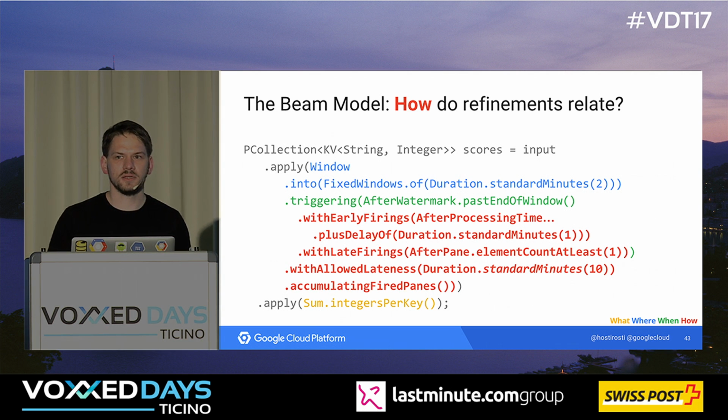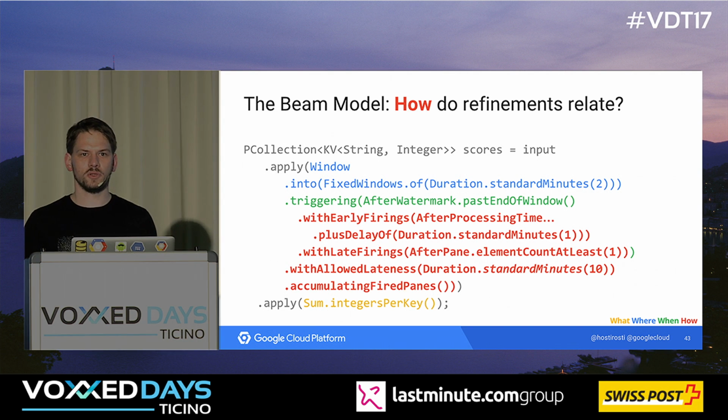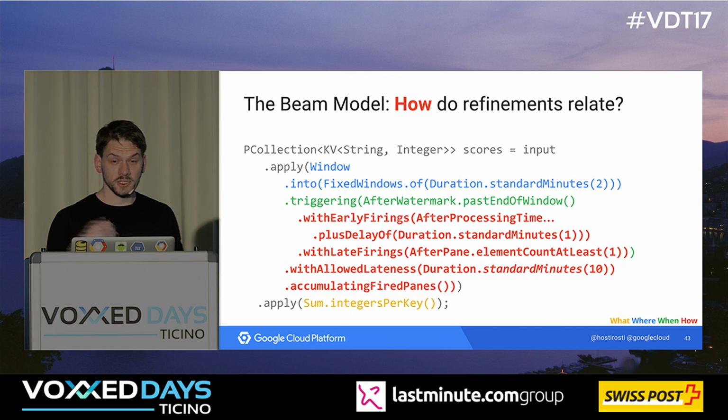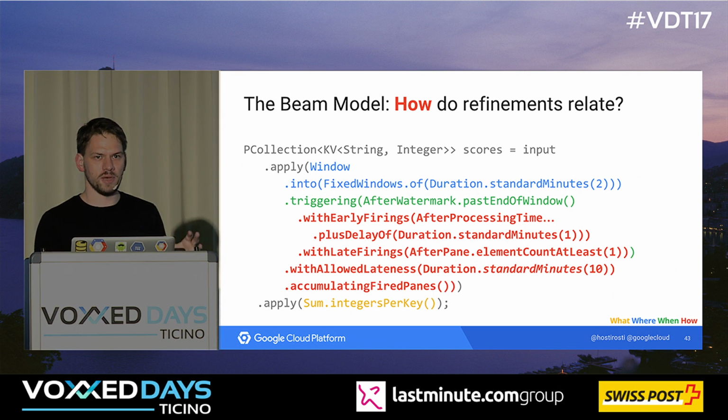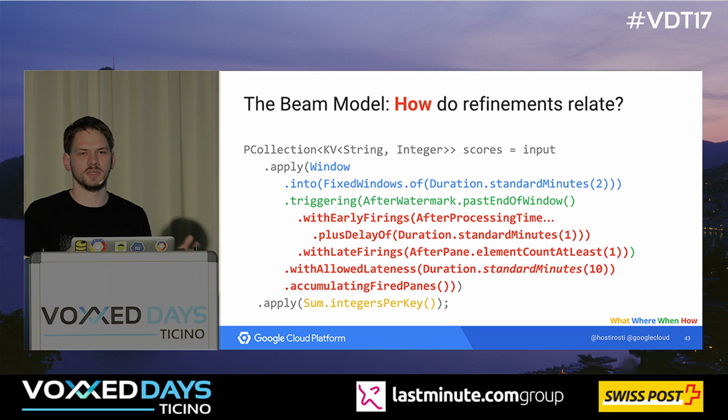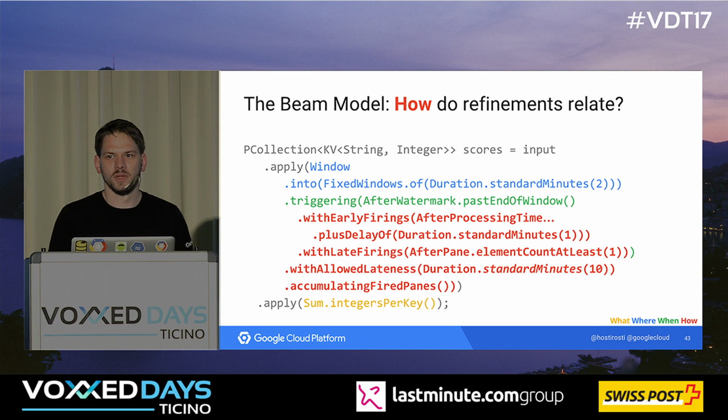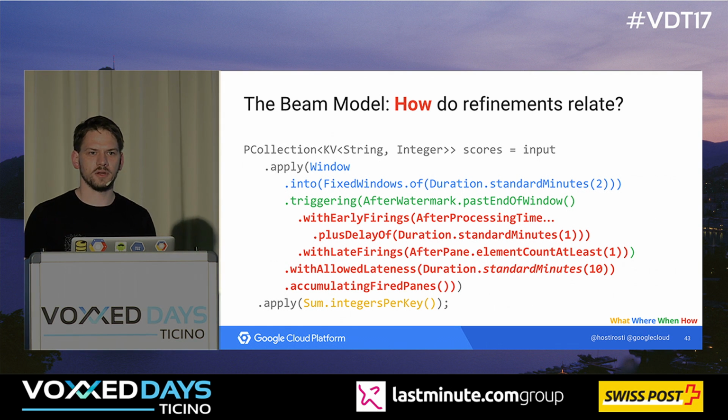Now, the last thing you have to define is what you actually do when you trigger. For instance, if late triggers are coming in, are you doing accumulating fired panes, which means you keep all elements in your window and do the complete aggregation again? If you have, for instance, a sum, when you do a late trigger you do the complete calculation again.